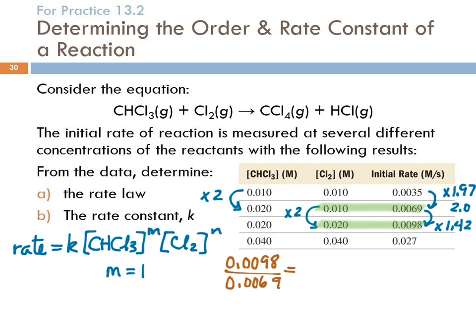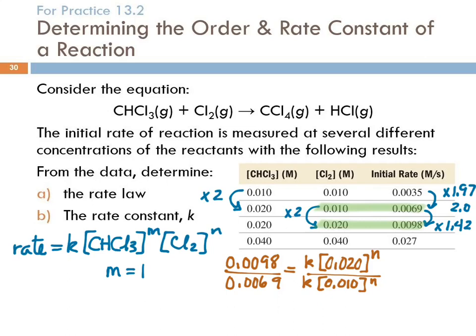And that equals the rate constant times the concentration for that second line, which is 0.020, raised to some power n. That's this n I'm trying to find over here, divided by the same rate constant, and now I'm taking this first concentration, 0.010, raised to the n power. You still with me? You see where I pulled all those things in from?